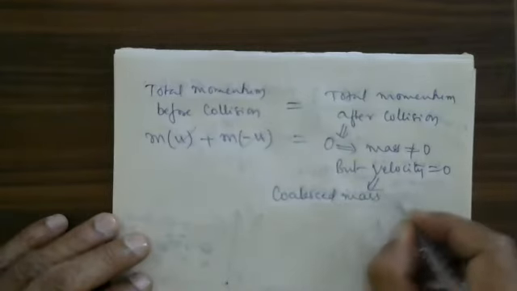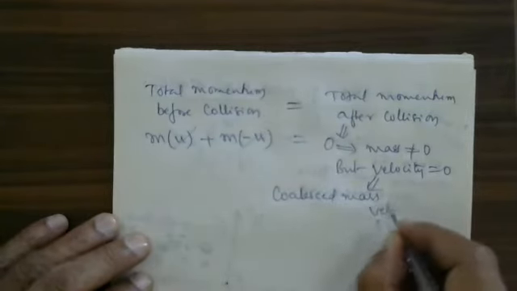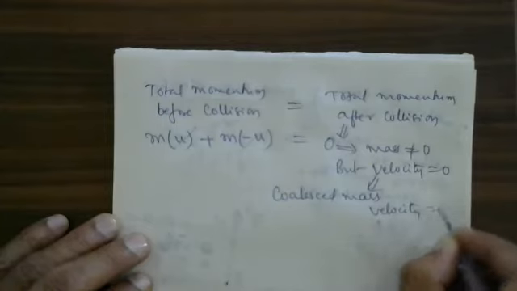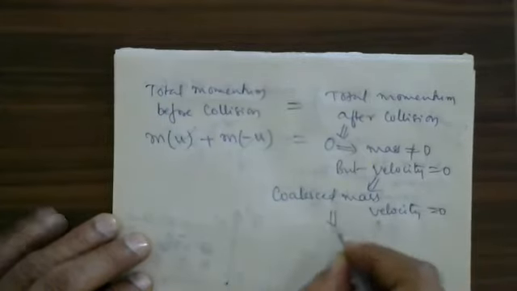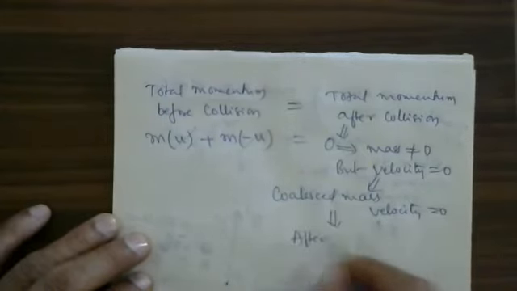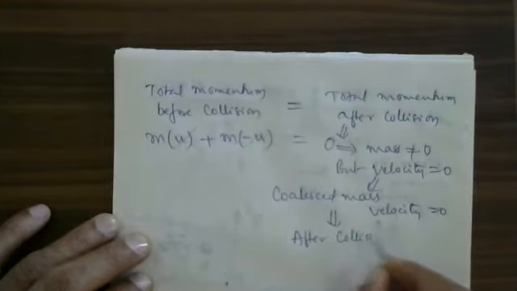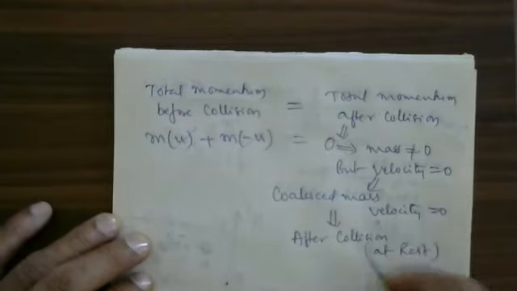The coalesced mass velocity is equal to 0, meaning after collision the body is said to be at rest.